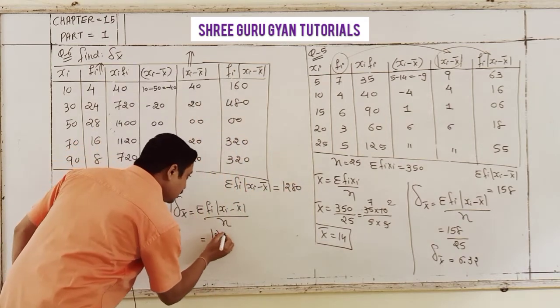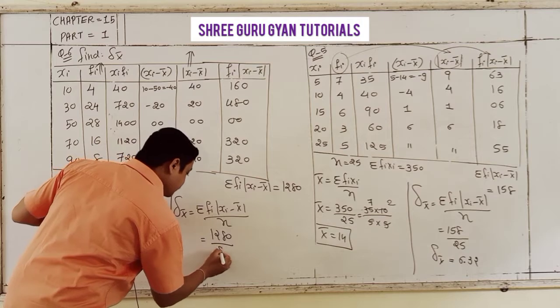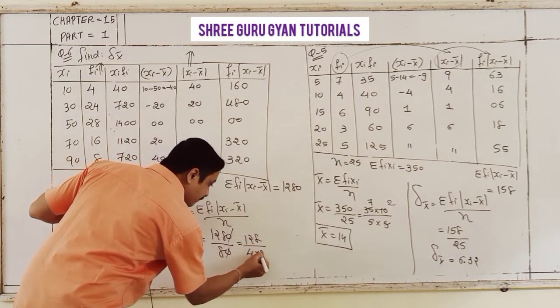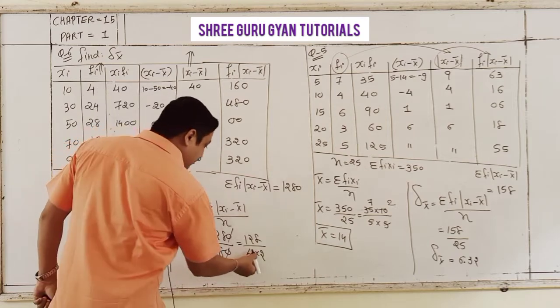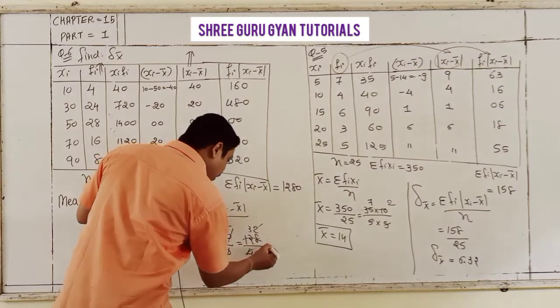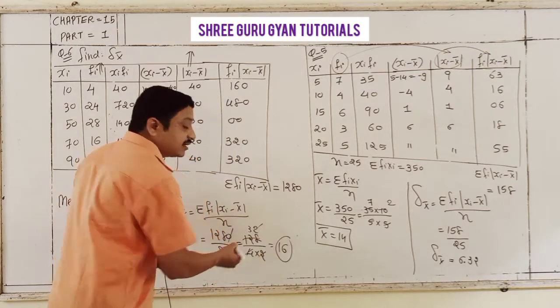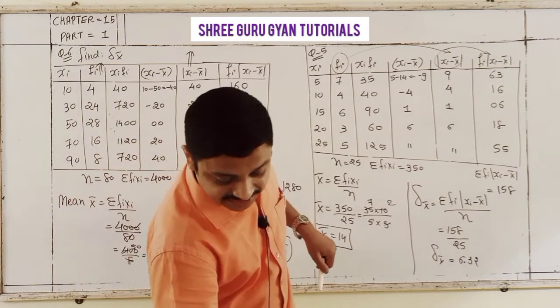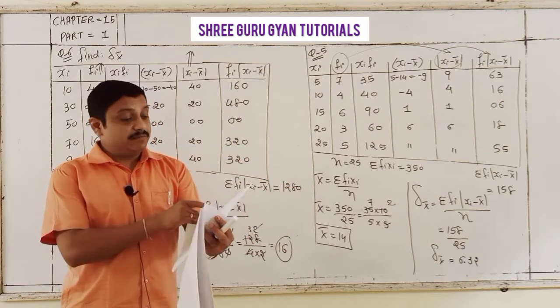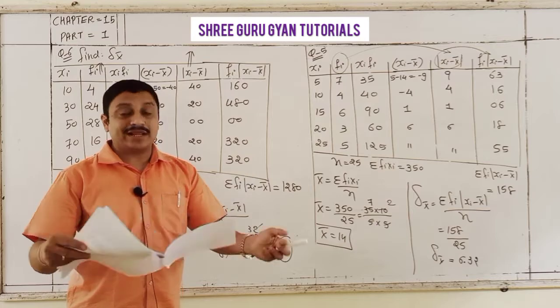So 1280 by n, which is 80, this cancels, and 1280 by 8 gives 160, and simply cancelling, 32 by 2, the answer is only 16.